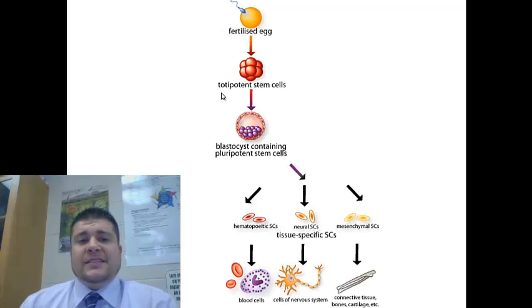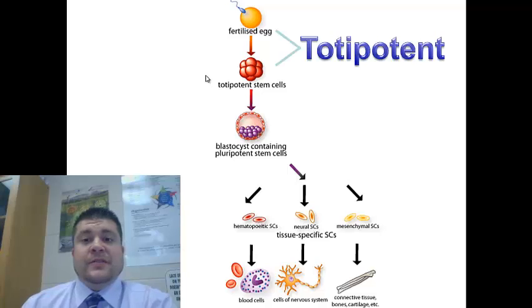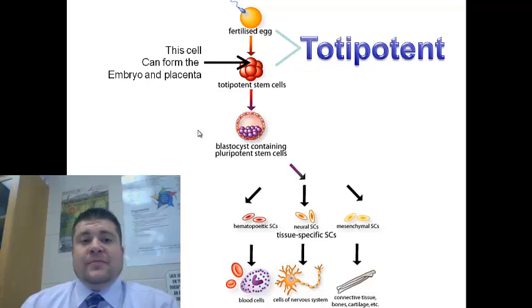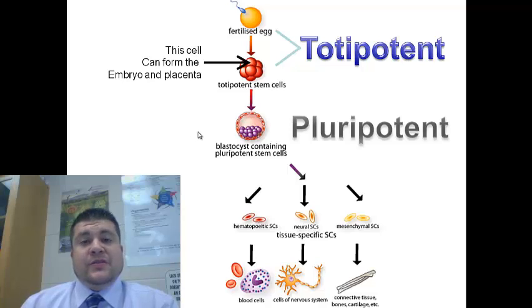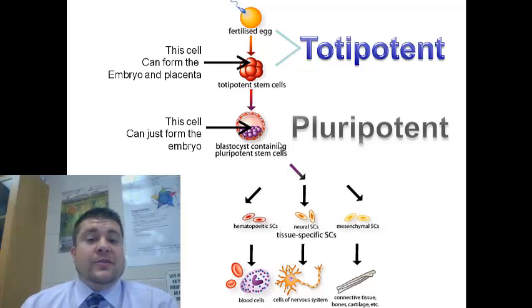So from the fertilized egg to about 3 or 4 cell divisions afterwards, we get totipotent types of stem cells. After that, with the blastocysts, we get the pluripotent cells, and these are the most valued. Also, they're the most controversial because this could potentially turn into a human.